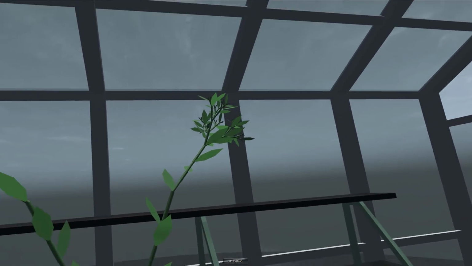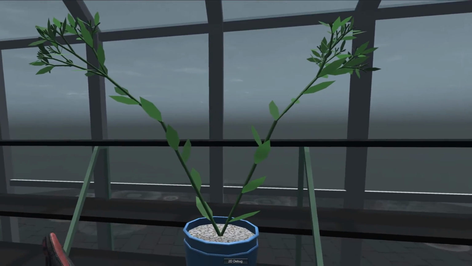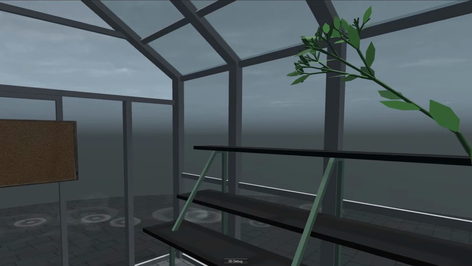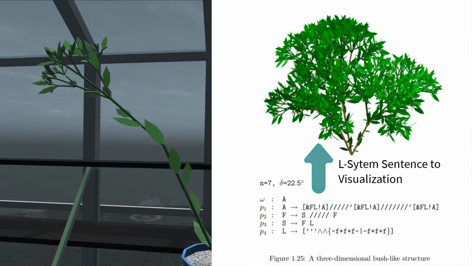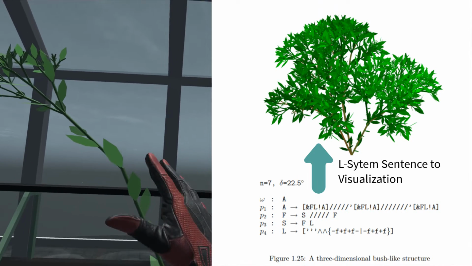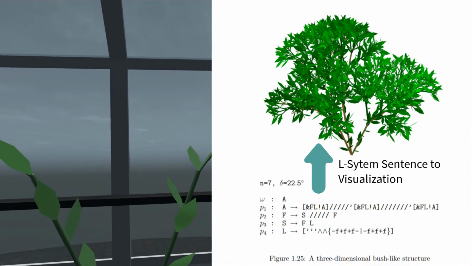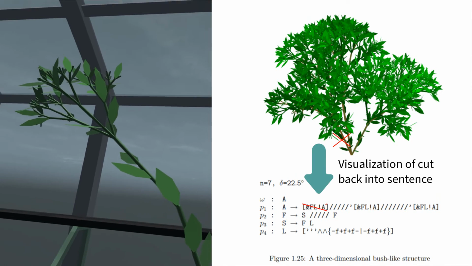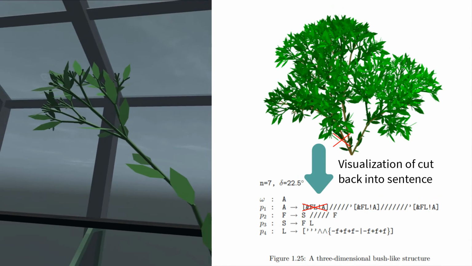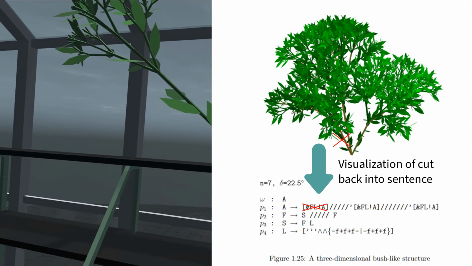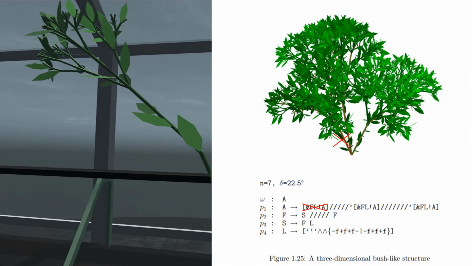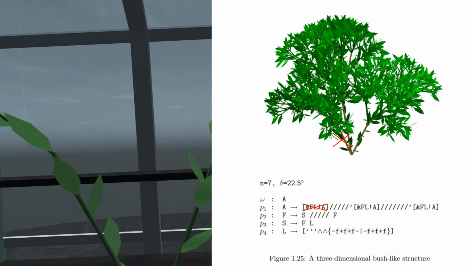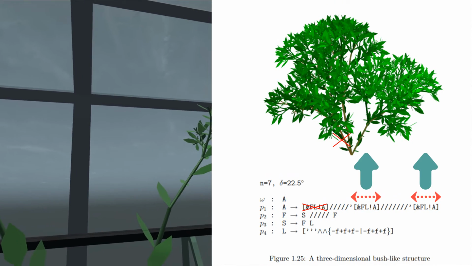So all things to think about, but I am happy with at least the process of having been able to get from the L system that I start with to the visualization of the tree, or the plant, in 3D, and then the visualization of cutting, and then the back end of that, of taking that and applying it back to the sentence that we originally had, removing the right part of the sentence, and then allowing for a regrowth to take that new sentence and push it back through into the branch to get a new visualization.